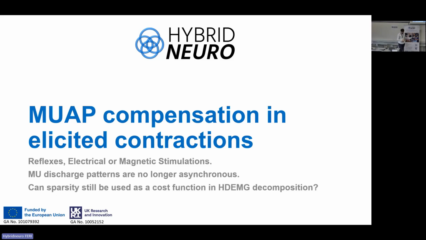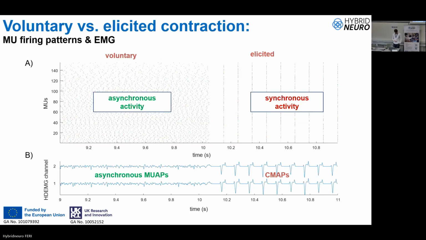In the voluntary contractions, we see that the firing rates are asynchronous and more sparse. But in elicited contractions, those patterns are no longer asynchronous, and they can become very synchronized, and this poses a problem of its own.